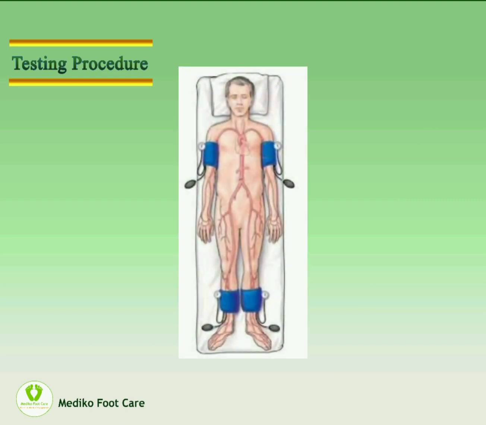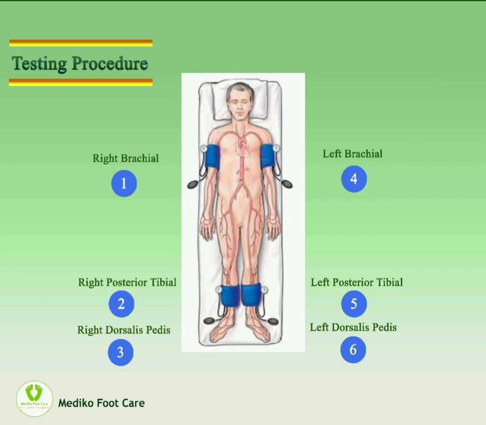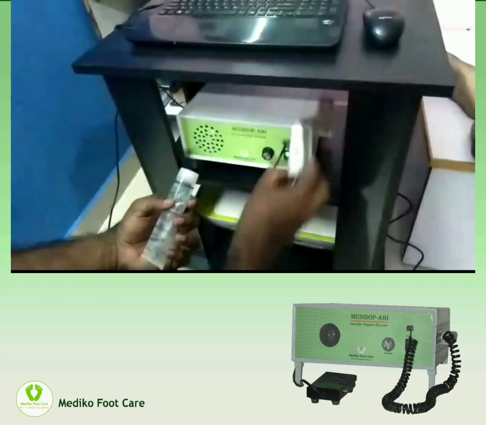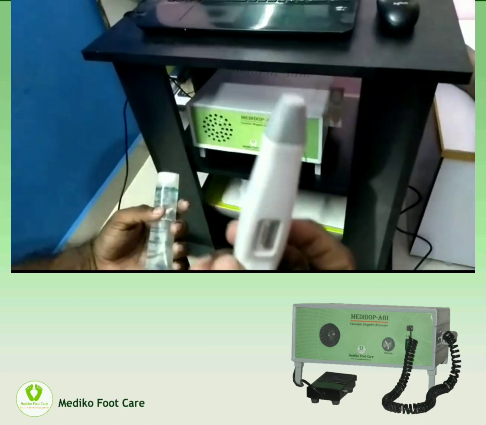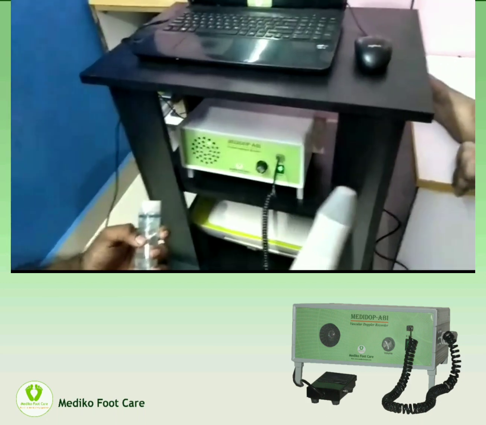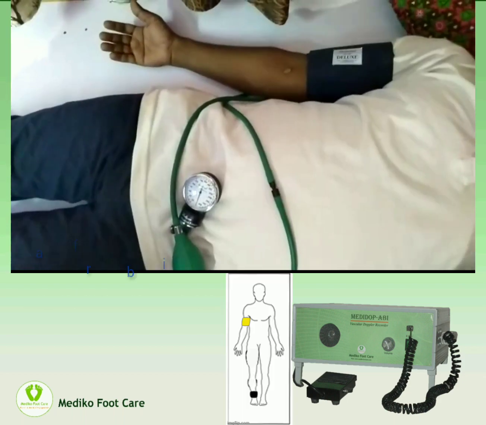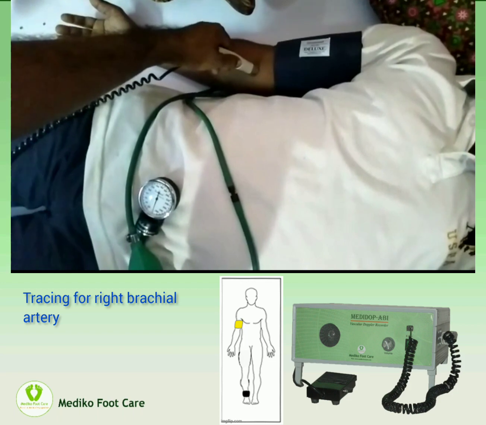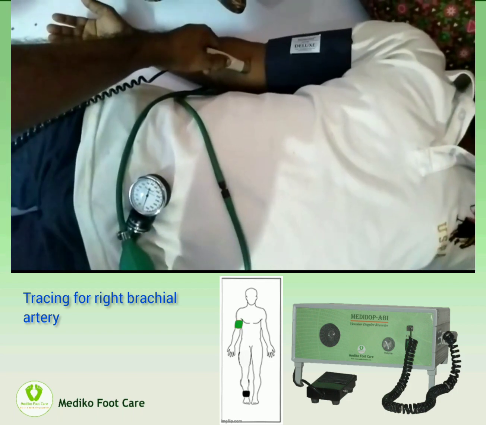Instruct the patient to lie in a supine position, as flat as possible, for 15 to 20 minutes and explain the procedure carefully. Ensure the correct ultrasound gel is used to give effective transmission of the signal. Apply gel over the brachial pulse. Hold the 8 MHz Doppler probe gently over the brachial pulse until a good signal is obtained.